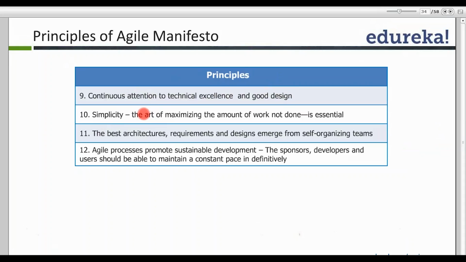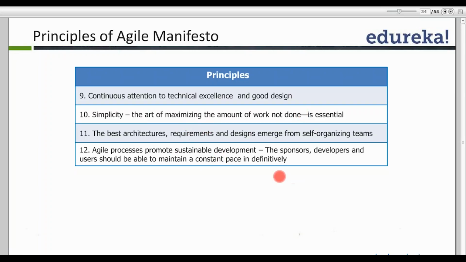The definition of simplicity from an agile perspective is the art of maximizing the amount of work not done. So becoming leaner, if you ask me, and only doing the work that is required, not doing any extra work. That is what is called simplicity, the art of maximizing the amount of work not done, which is also essential.